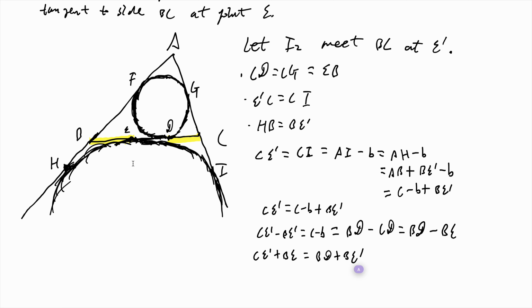Okay. We're almost there. So what is BE? It's CD, right? So CE prime plus BE is equal to BD plus BE prime.